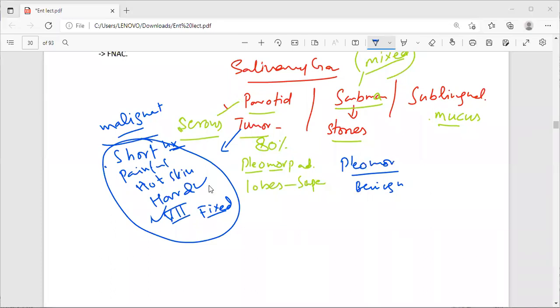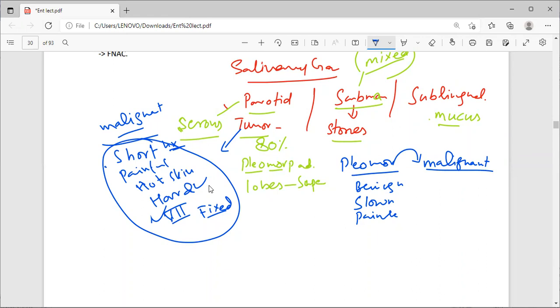So they will be slow growing. These are mostly benign, so benign are slow growing tumors. They will be painless like all the tumors. Okay, and they can go into transformation into malignant. Okay, they are dangerous in a sense that they can transform into malignant.